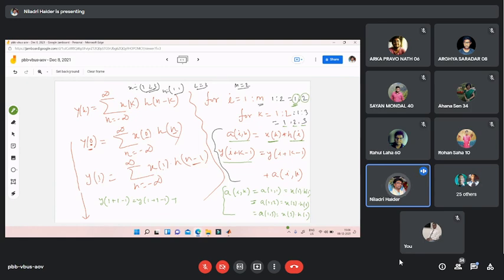So simply x1 into h1. 1 cancel, 1 cancel. So y1, you are getting y1 plus x1 into h1. Clear it or not?